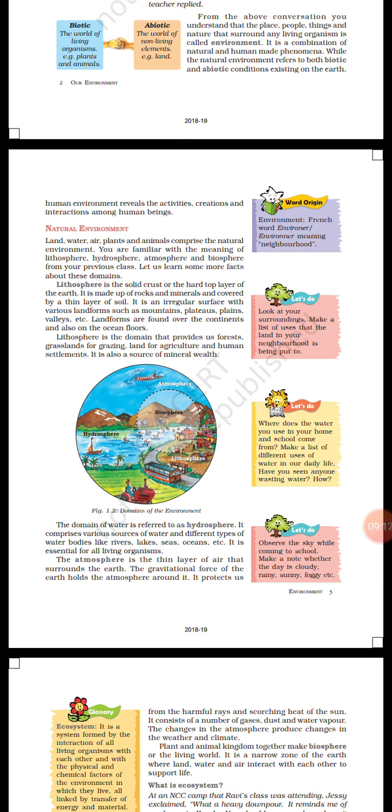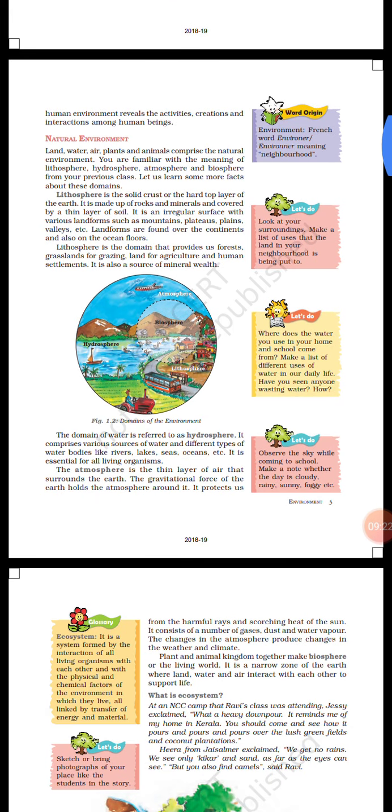Whereas the biosphere, or the living world, comprises plant and animal life. It is a narrow zone of the earth where land, water and air interact with each other to support life.